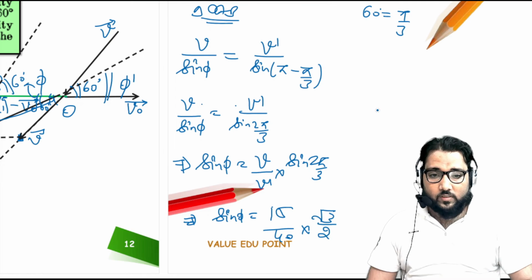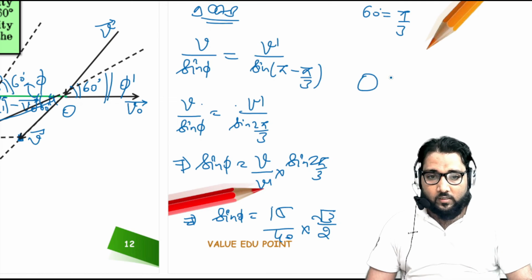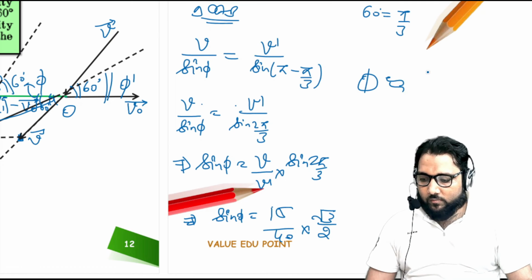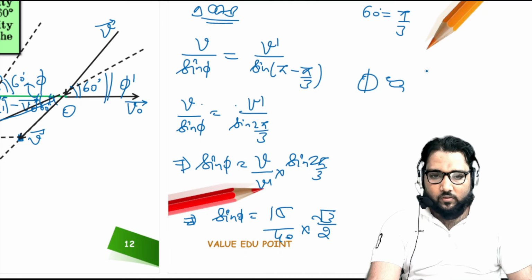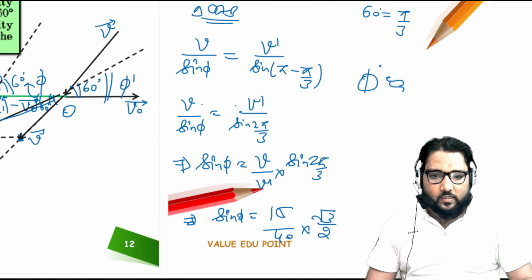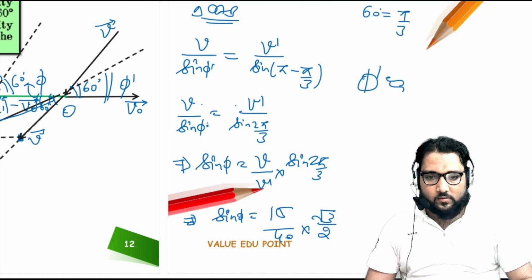When you solve this, you will get phi, approximately, when you calculate this angle, phi dash comes out to be approximately 90 degrees, guys.